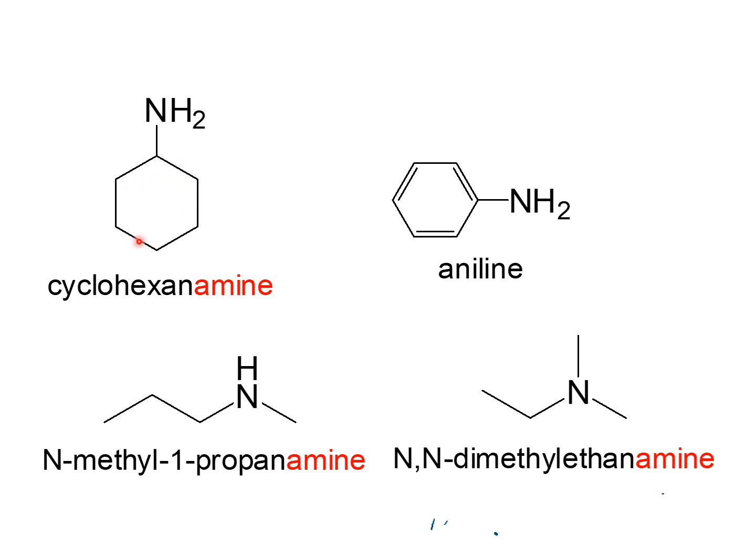But if you have just the plain ring, this is cyclohexane. If you have cyclohexane attached to amine, the name will be cyclohexanamine. And when you have benzene attached directly to NH2, we call it aniline. The name is a bit different, aniline is the common name.